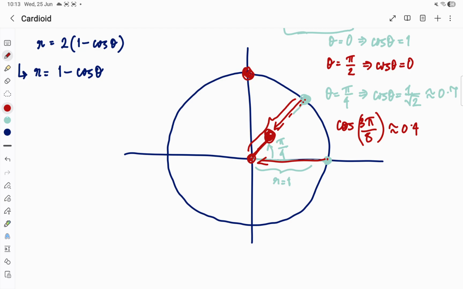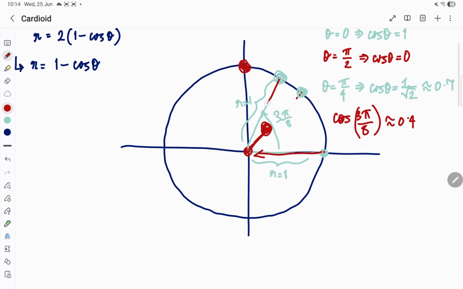So if this is 3 pi by 8 here, then this point here, this distance is r equals 1, so it is getting dragged somewhere here at point 6.